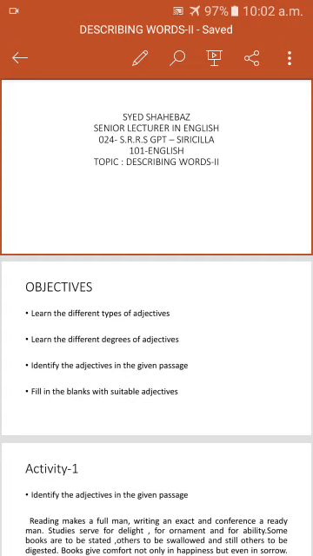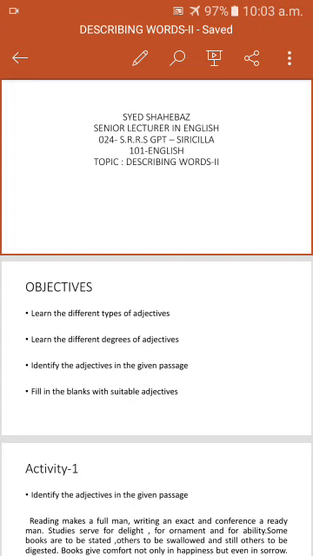We use positive degree when we don't make any comparison, but we speak the characteristic or quality of that person, object, or thing, or place.